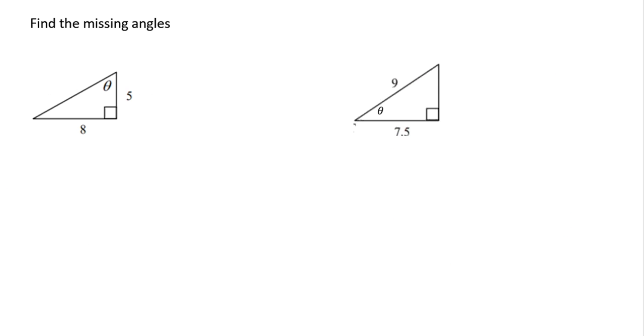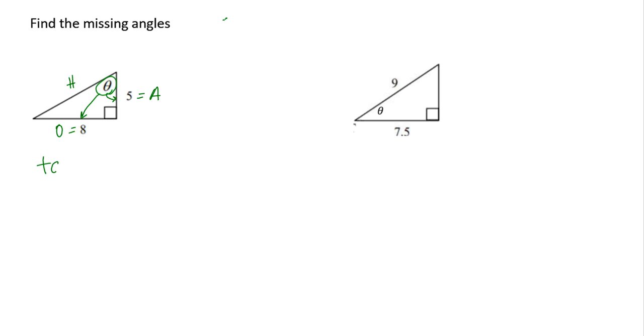Let's try another one. All right, here's my angle right here, theta. What I have is opposite and adjacent. This would be hypotenuse, but I'm given opposite and adjacent.